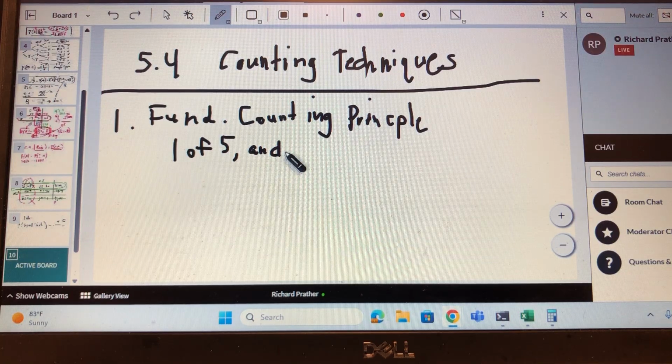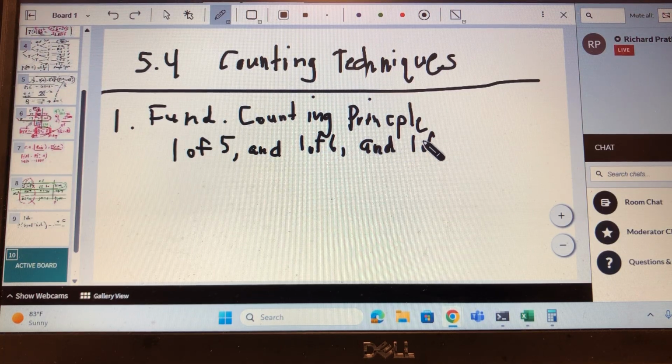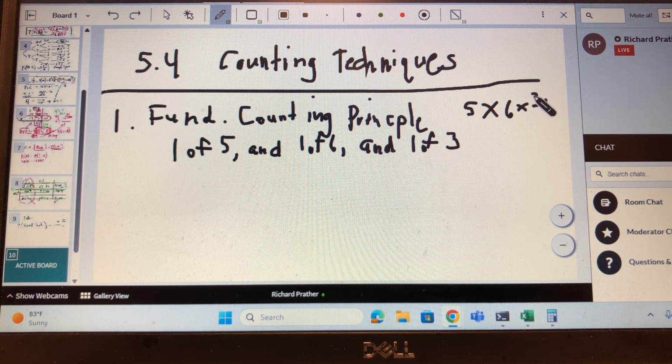You have to do 2 or more of these decisions, of I want one of these, and keep going if need be. They put this on the junior high STAR test because it's very easy to do. It's literally 5 times 6 times 3. 30 times 3 is 90. There would be 90 different ways he could get dressed in the morning and go to school.